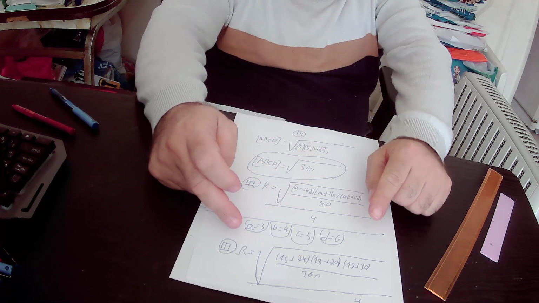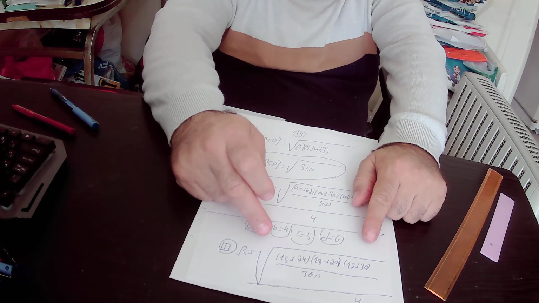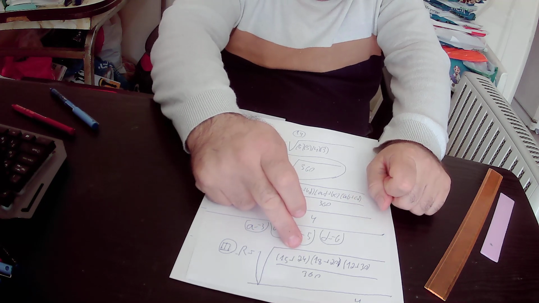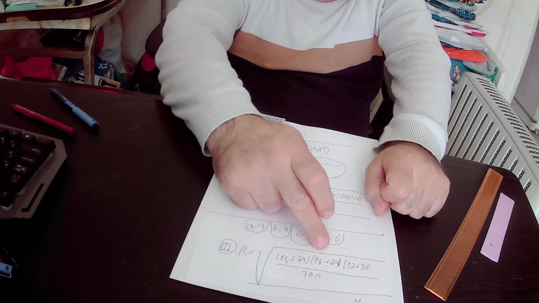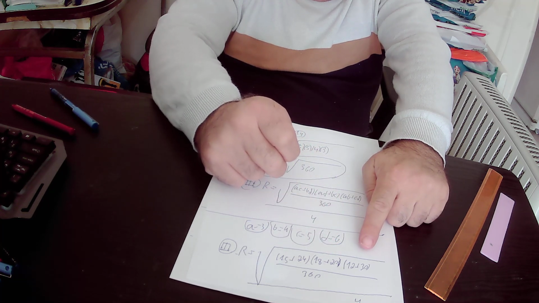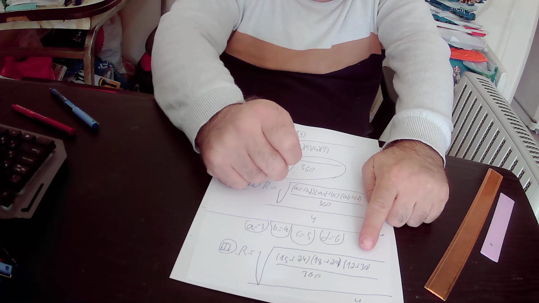So here we have R equals this expression, and here 15 plus 24 is 39, 18 plus 20 is 38, and 12 plus 30 is 42.